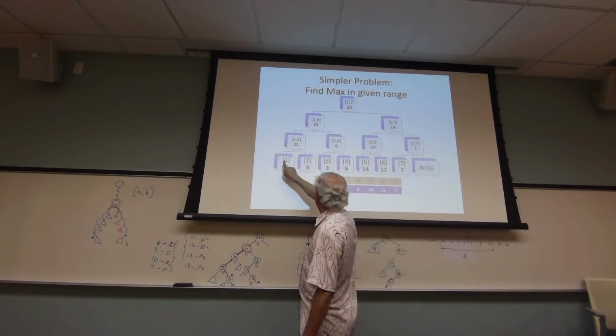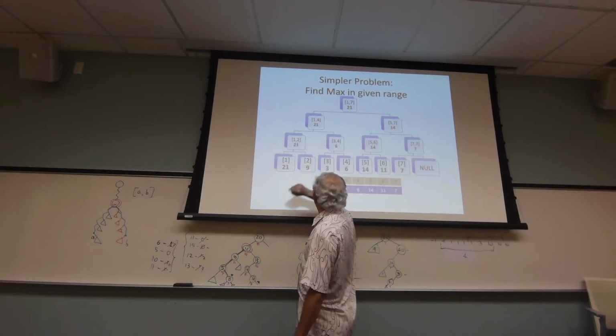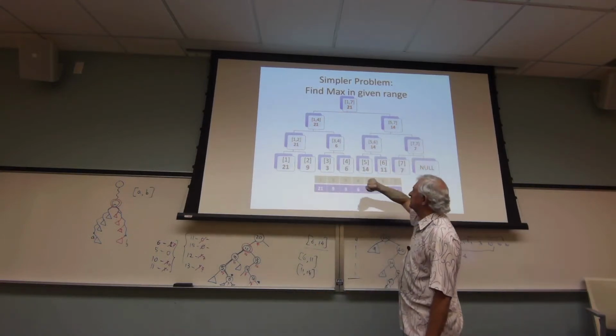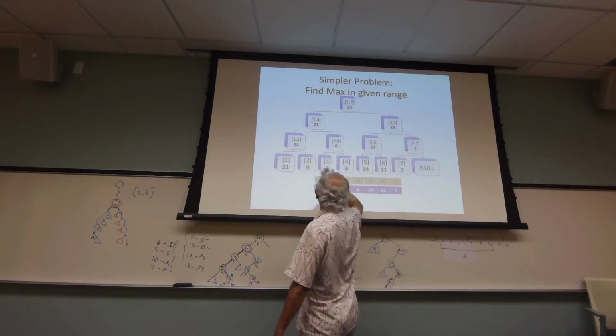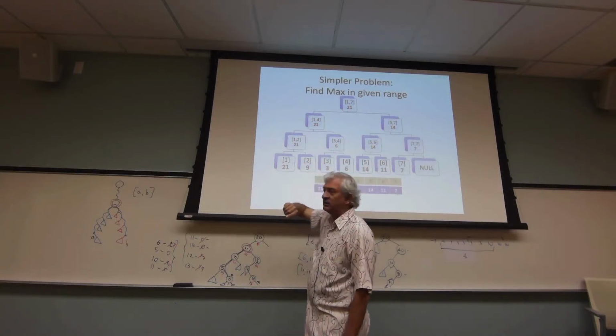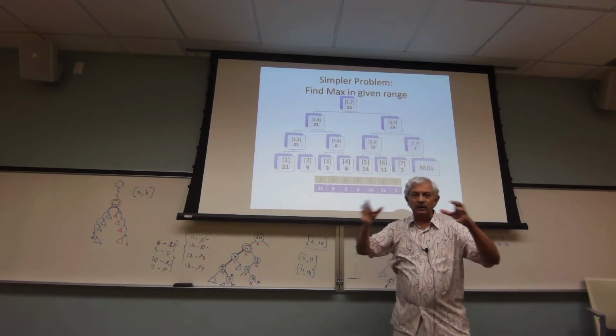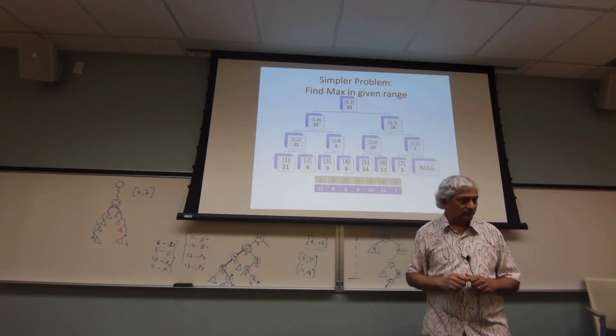So these 2 would get included in this range, these 2 in this range, these 2 in this range, and then all 4 of these would get included in that range, and then all 4 of these would get included in that range, and then there would be one at the top that would include all of them.